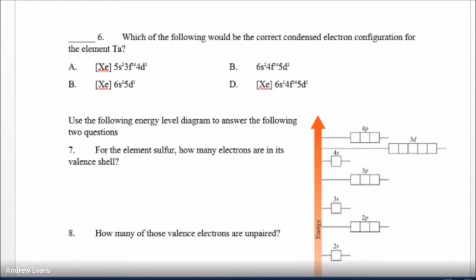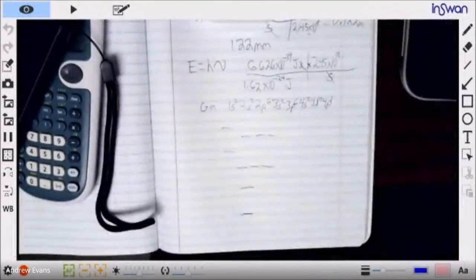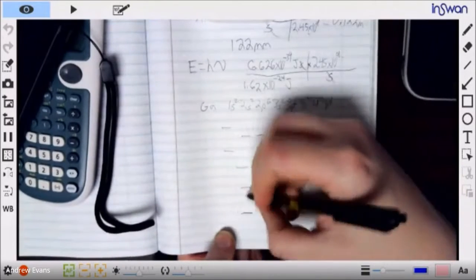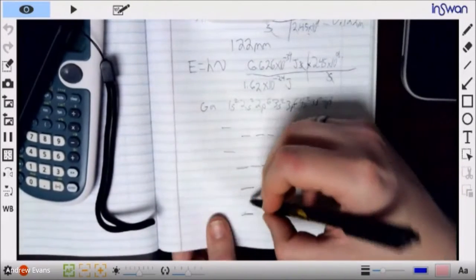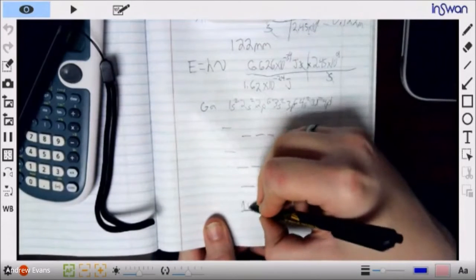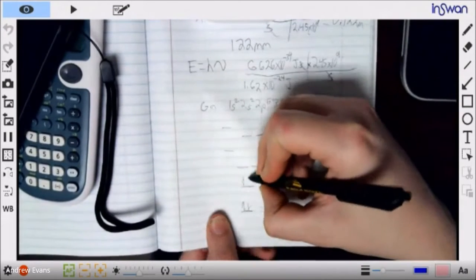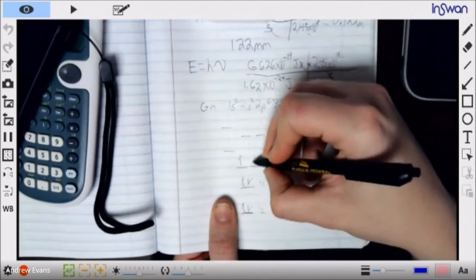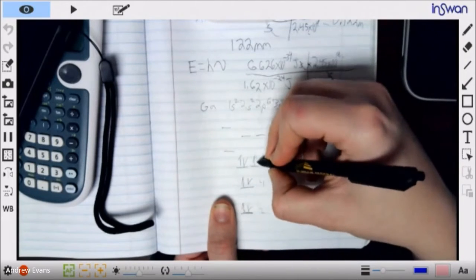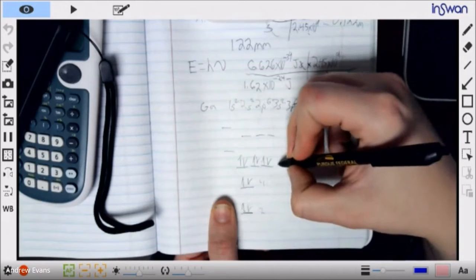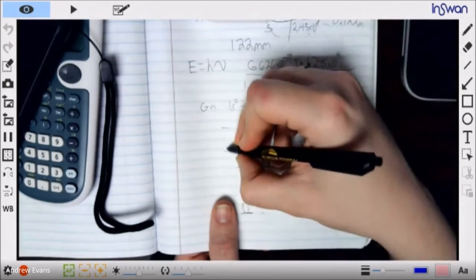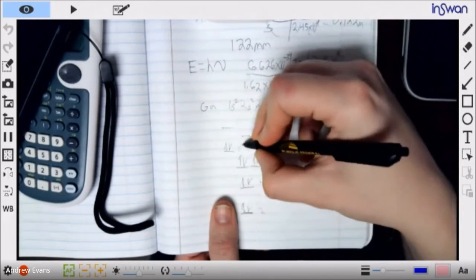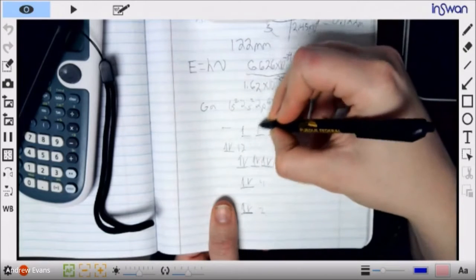And then how many valence electrons are unpaired? So we have to do 16. So we start from the bottom and fill it up. 1, 2, 3, 4, 5, 6, 7, 8, 9, 10, 11, 12, 13, 14, 15, 16.